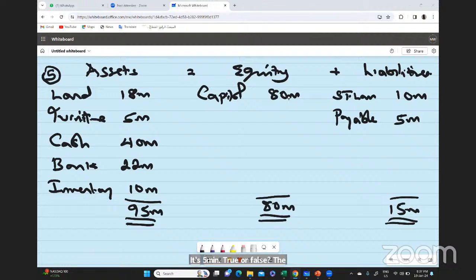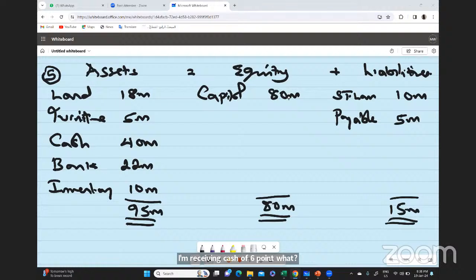So my inventory has reduced by how much? By 5 million, not by 6.5. 6.5 is the cash that I got from sale of the inventory, which was worth 5 million. Are we together? So meaning my cash is going to increase by 6.5 because I'm receiving cash of 6.5.